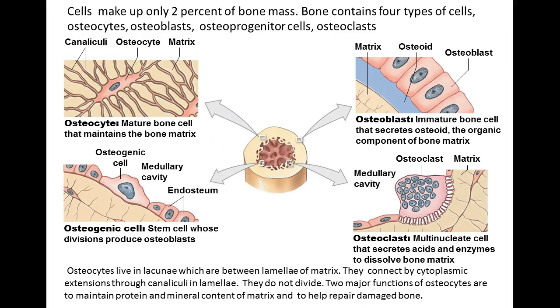But the cells only make about 2% of bone mass. That's not a lot. The living cells are only about 2% of bone mass. There are 4 types of bone cells: osteocytes, osteoblasts, osteoclasts, and osteoprogenitor cells. So bone stem cells, you could say it like that. That way it won't be such a mouthful.